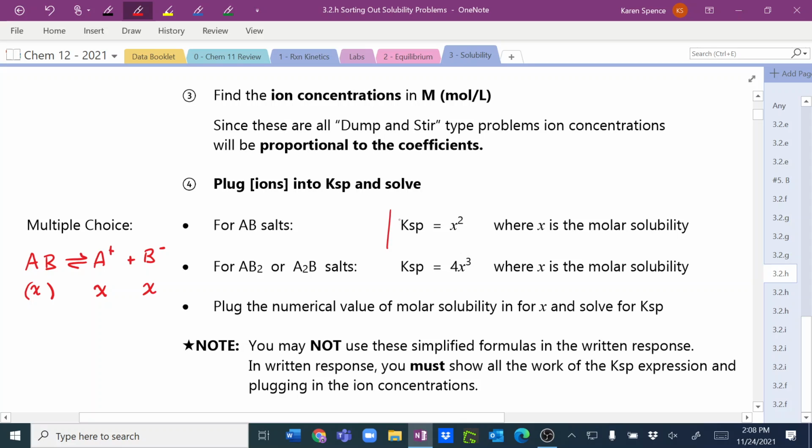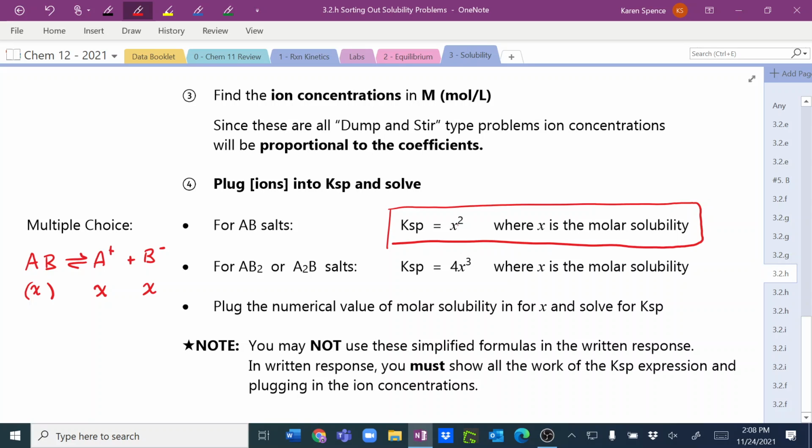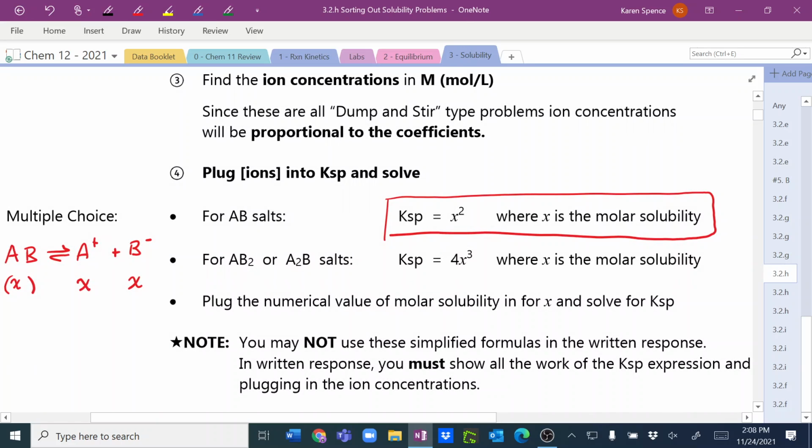So if you know the KSP, the solubility is the square root of KSP. Or if you know the solubility, you just square it to get the KSP. So for a multiple choice question, that can be a real time saver.